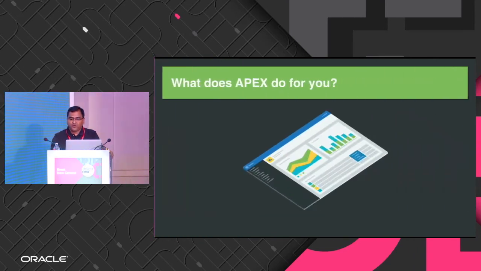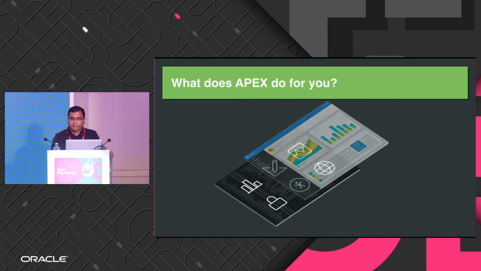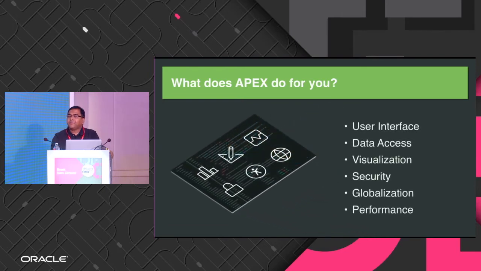What does Apex do for you? Apex gives you a user interface to your applications. It provides data access. It provides visualization in the form of charts. Security: Apex comes with built-in security authentication schemes. You can also use your custom authentication schemes.